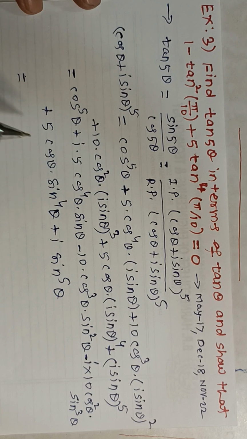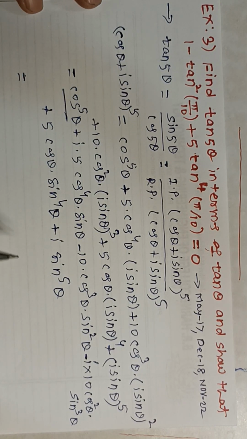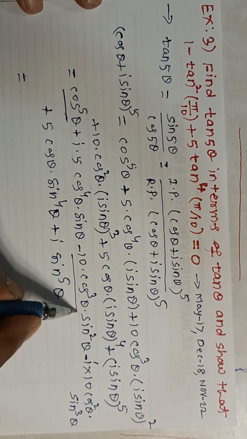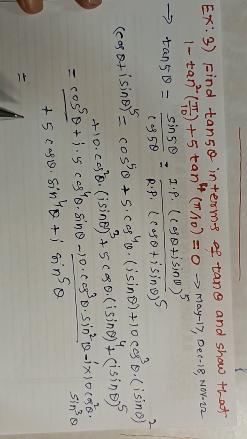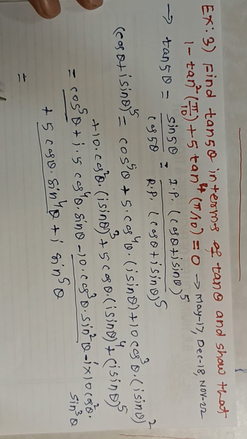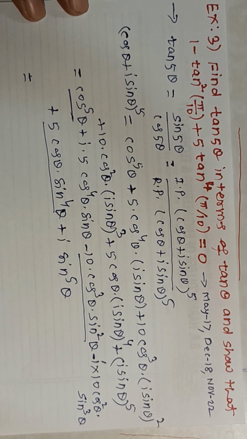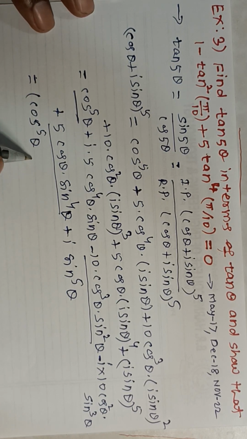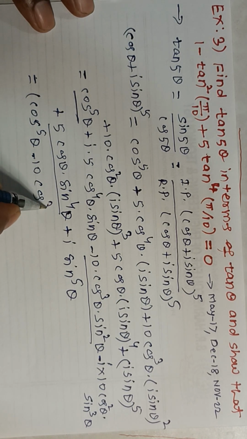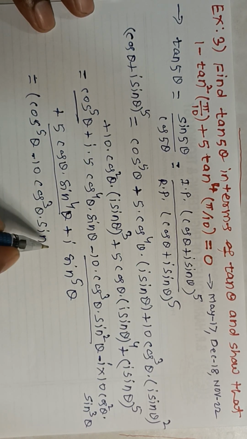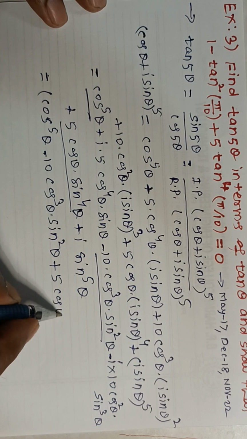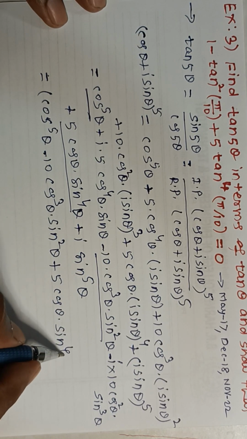The real part is where i is not there in the term. So the real part is fifth power of cos theta, minus 10 times cos cube theta into sin square theta, plus 5 times cos theta into fourth power of sin theta.